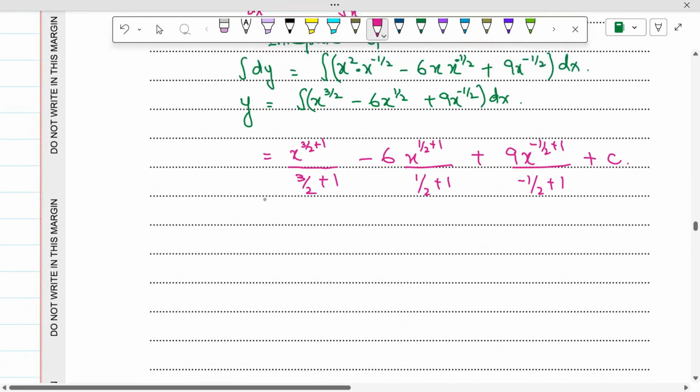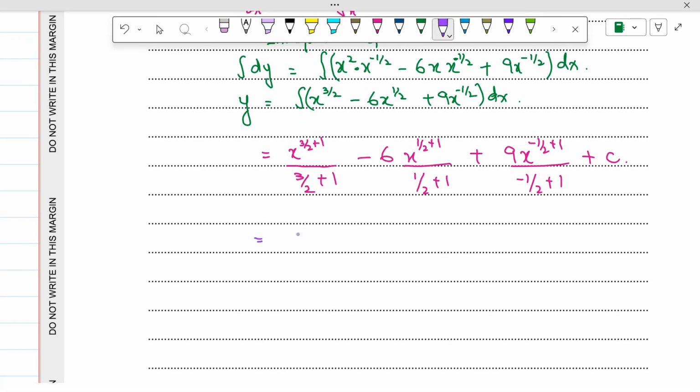So when we solve this, we will have x to the power of 5 by 2 over 5 by 2, minus 6 x to the power of 3 by 2 over 3 by 2, plus 9 x to the power of half over half, plus c.